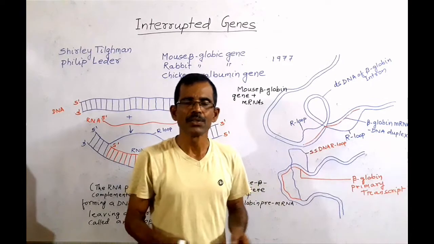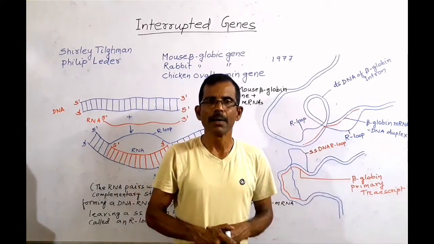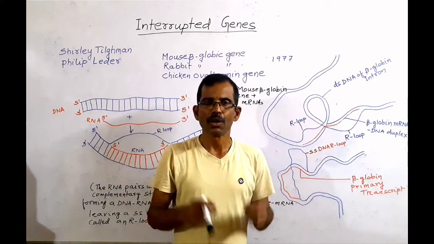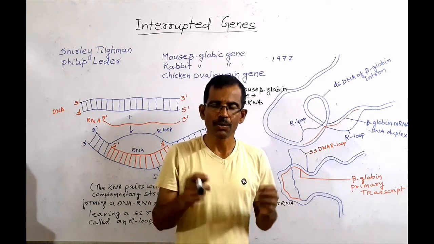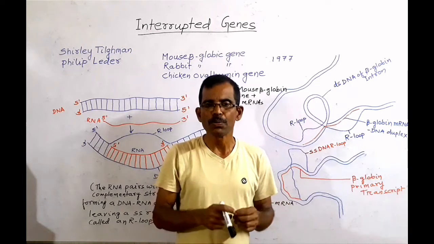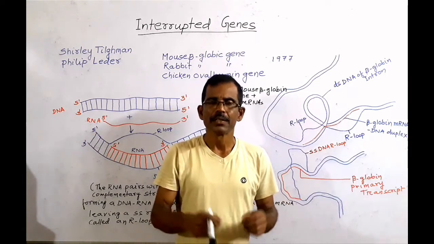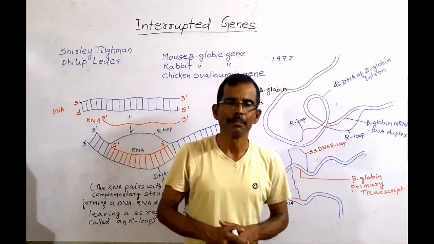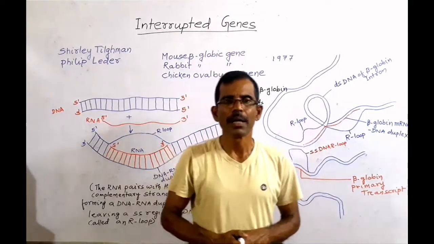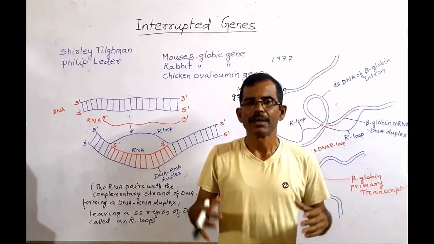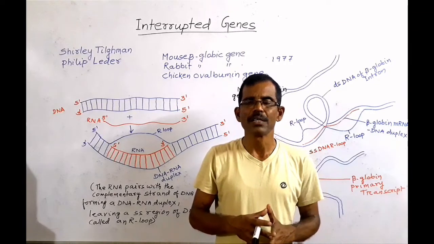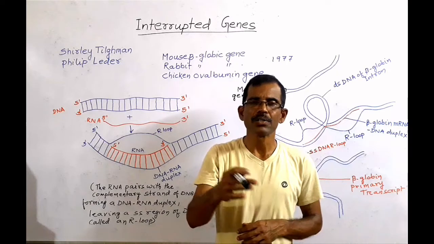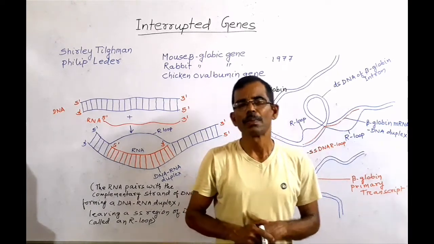By comparing these two experiments, Tilghman and co-workers concluded that these non-coding sequences, which are known as introns, are removed by the processing events that convert pre-mRNA to a mature mRNA. Later on, Tilghman and co-workers compared the nucleotide sequence of the beta-globin gene with the predicted amino acid sequence of the beta-globin polypeptide chain.